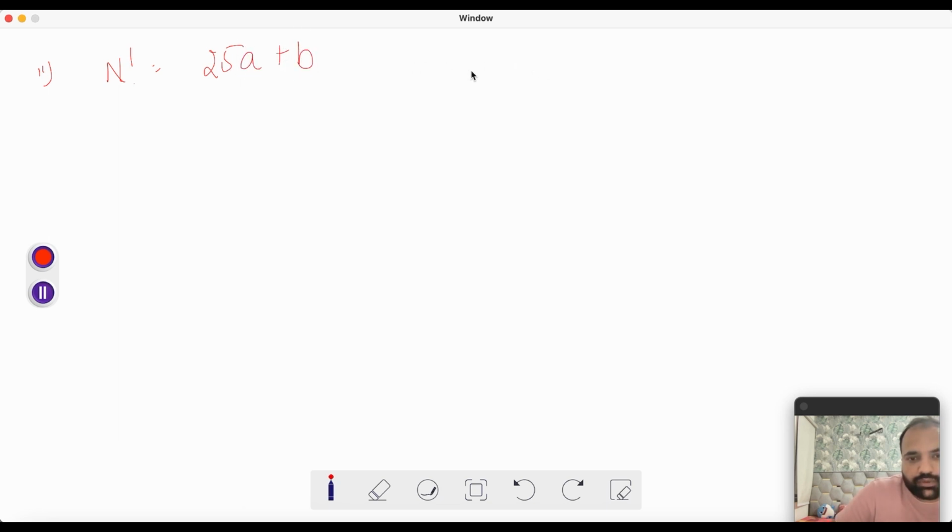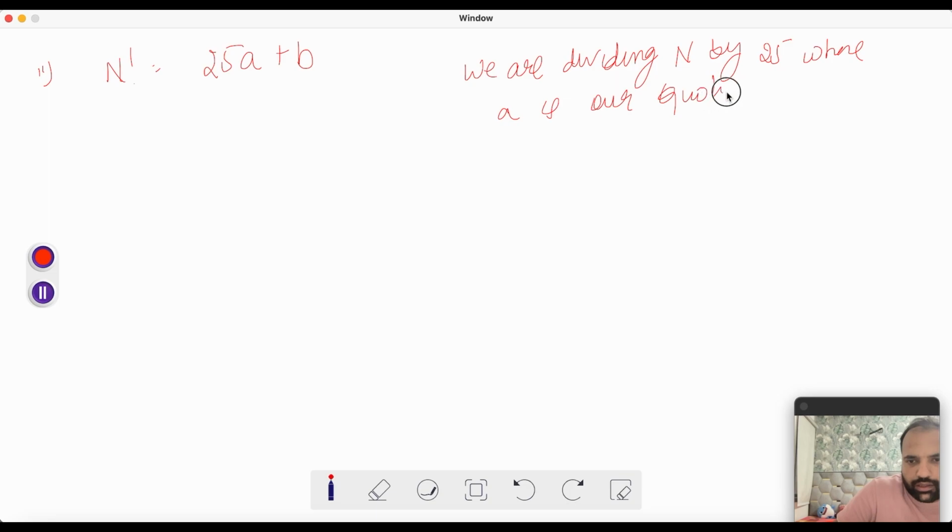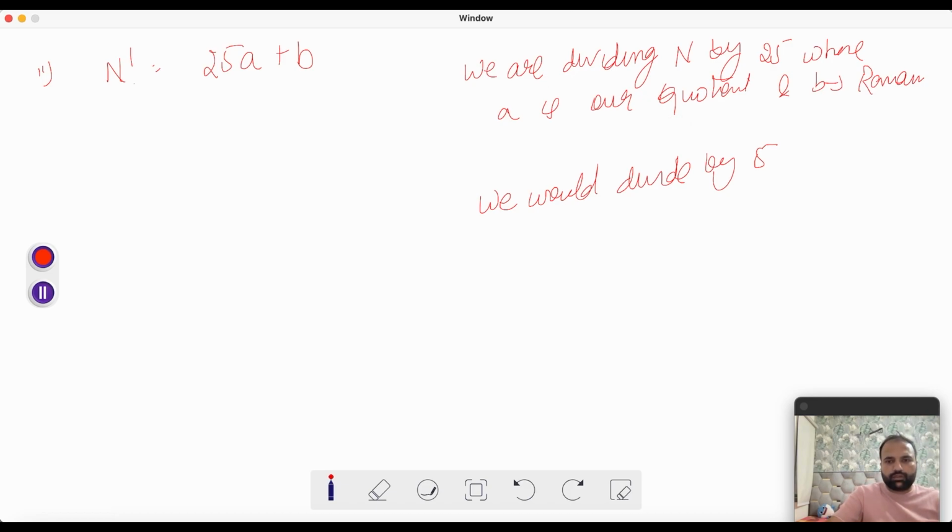So what we are doing this time is dividing n by 25, where a is our quotient and b is our remainder. What we used to do earlier was divide by 5, but now it's 25. That's the primary difference.